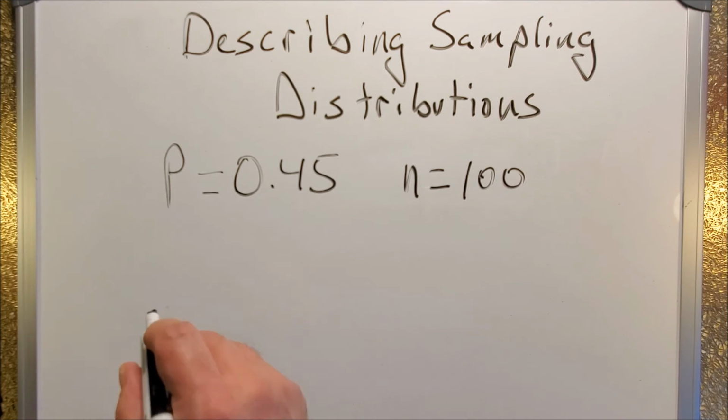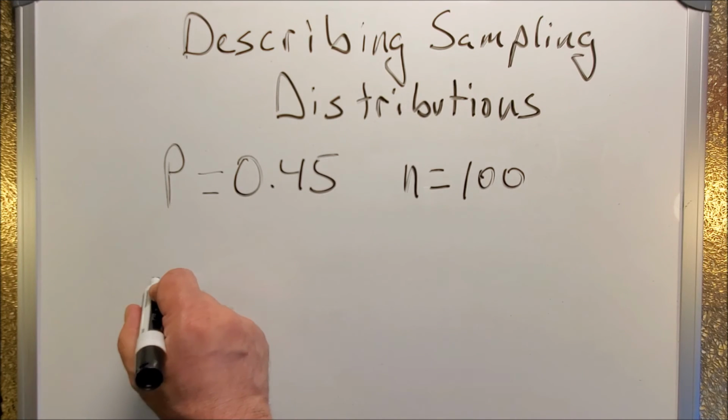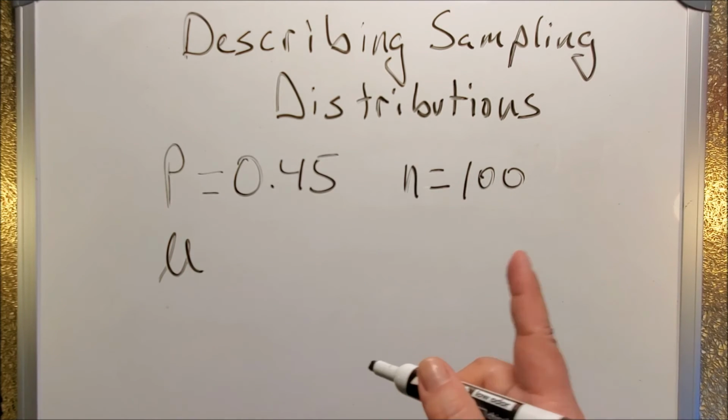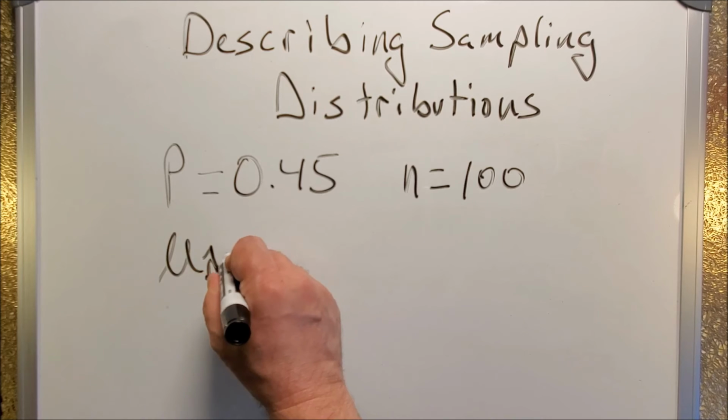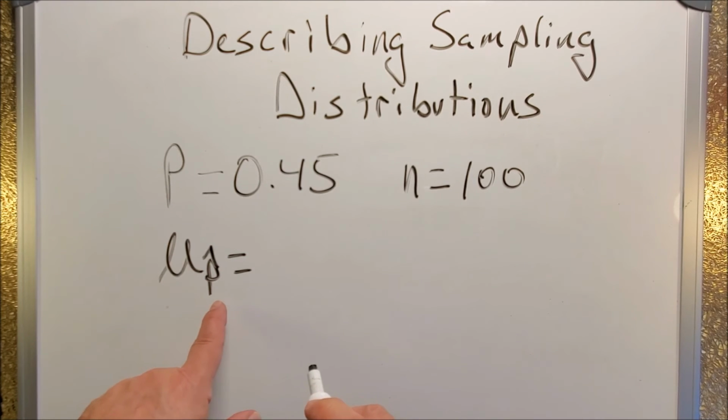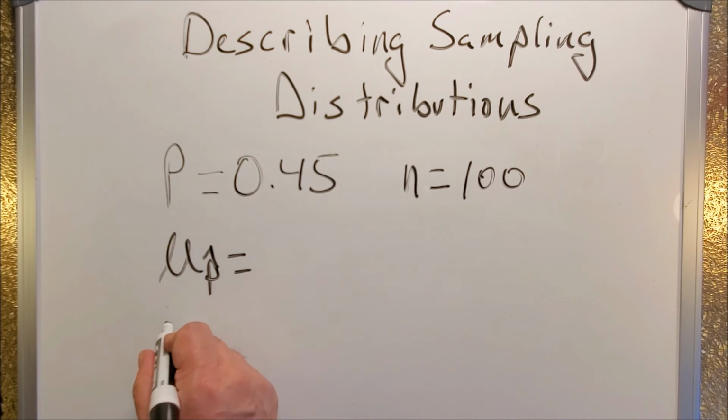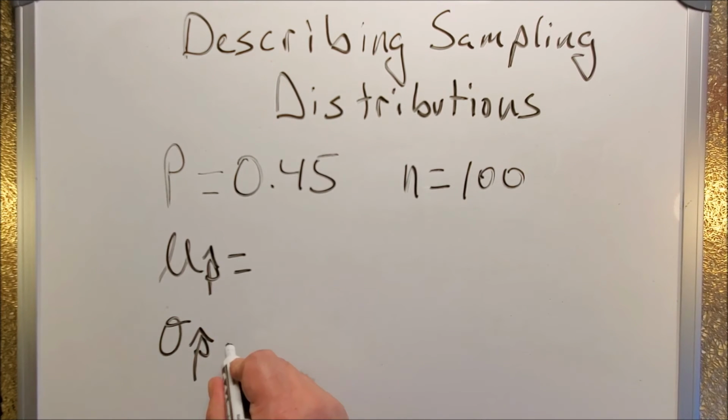You're going to need to come up with the mean of the sampling distribution. In the case of the sampling distribution of sample proportions, it's mu sub p hat, the mean among all the sample proportions. The standard deviation is sigma sub p hat. That's the standard error. We still call it that.